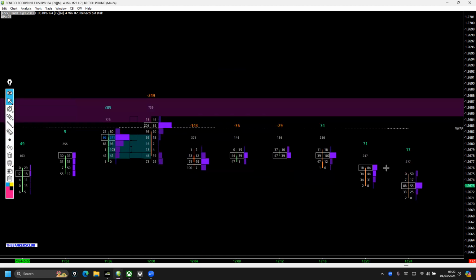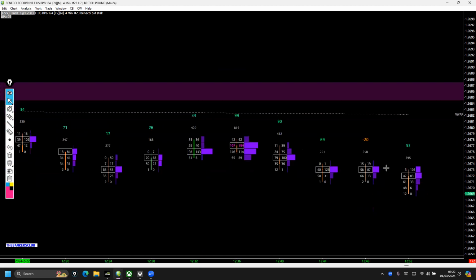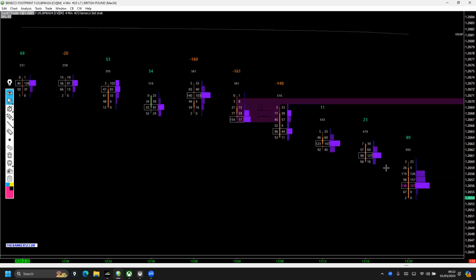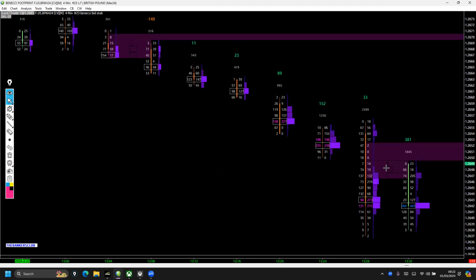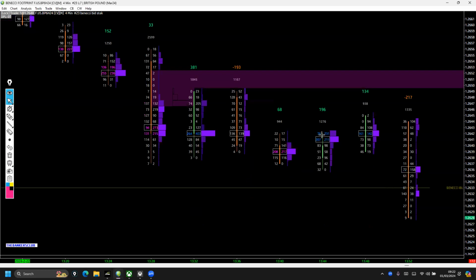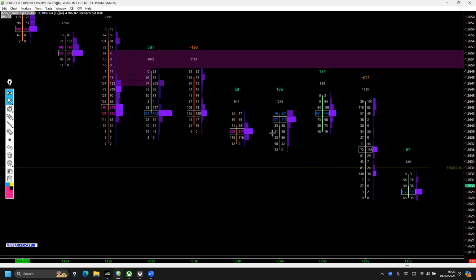Then are we going to auction down? And then we start auctioning down, as you can see. Again, you had a little one lower down. As you can see, massive imbalance again.